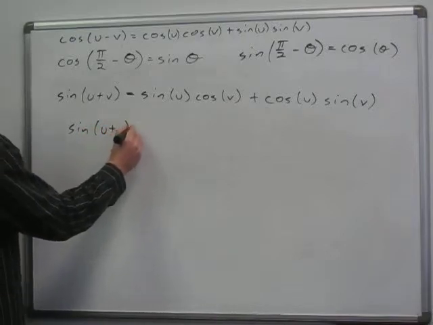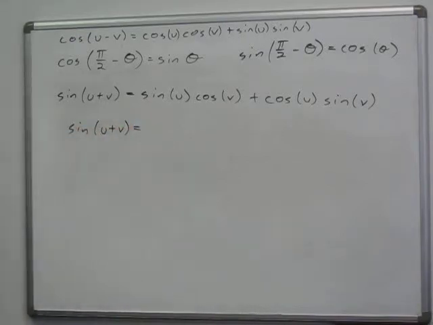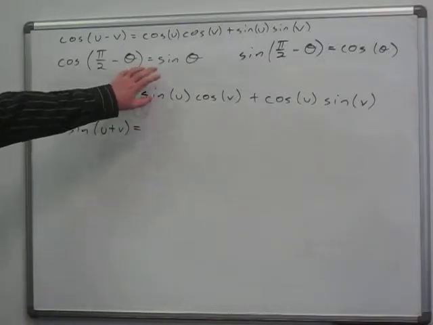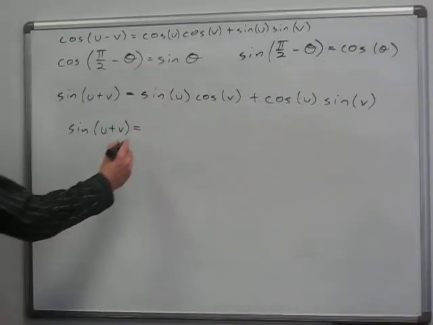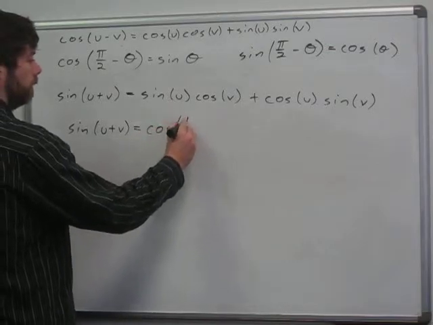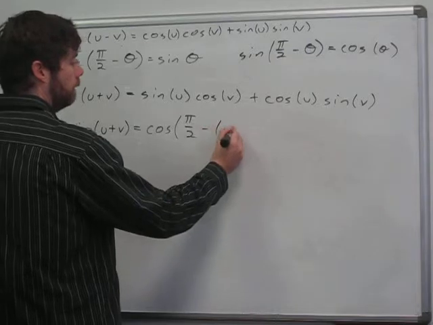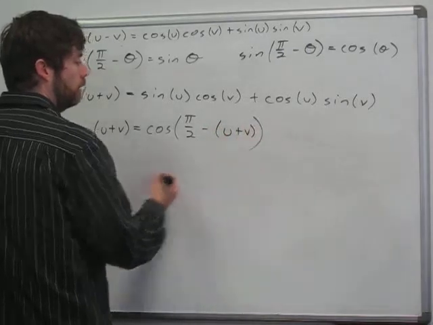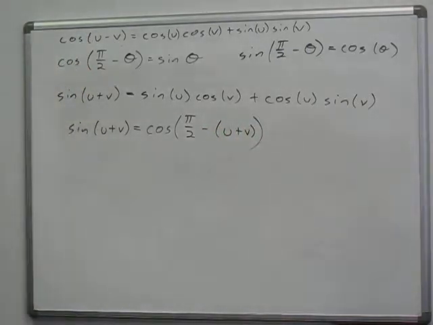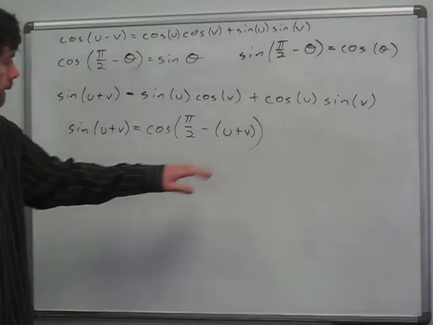The clever step is to take the sine of u plus v and rewrite it using this cofunction identity here. This is the cosine of pi over 2 minus u plus v. And then I'm going to manipulate this argument a little bit.